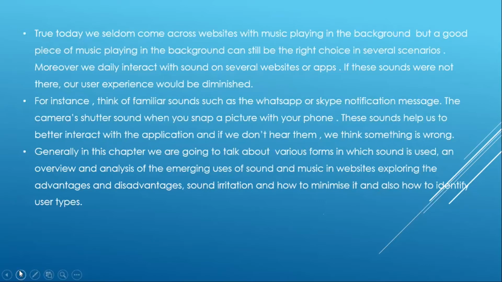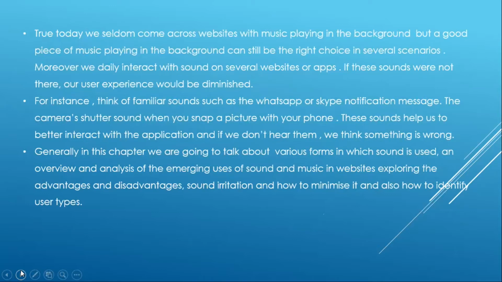So today it is rare to come across a website with music playing in the background, either a small orchestral music or an instrumental.